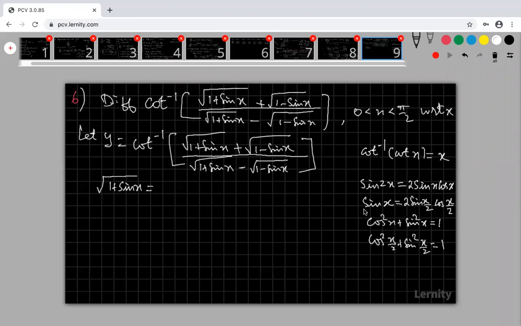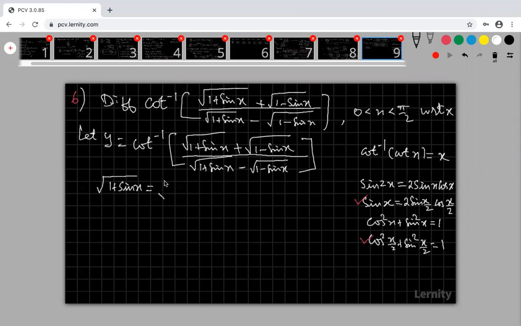Okay, right. I'm going to apply this formula and this formula here. In this entire problem, I'm going to apply these two formulas. Are you clear? In place of sin x, I'm going to apply 2 sin x by 2 cos x by 2. In place of 1, I'm going to write cos square x by 2 plus sin square x by 2.